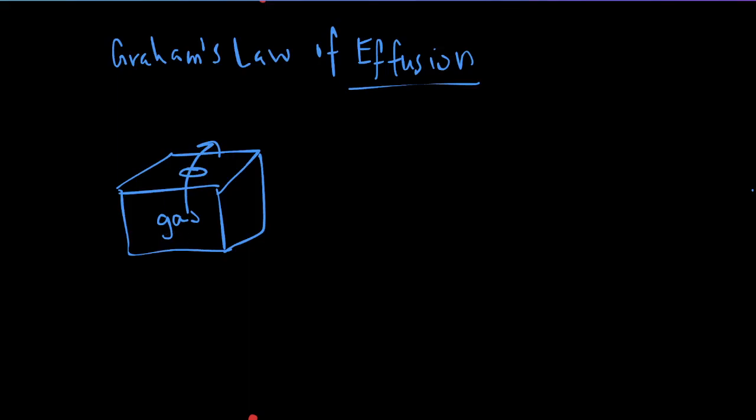Graham's law is going to be establishing a relationship between the rate of this effusion and the mass, specifically the molar mass, of the gases that are effusing. Again, in chemistry, effusion is the process where gas molecules escape from a container through a hole or opening.